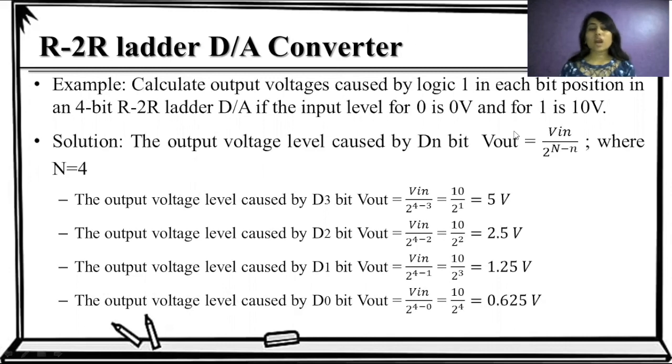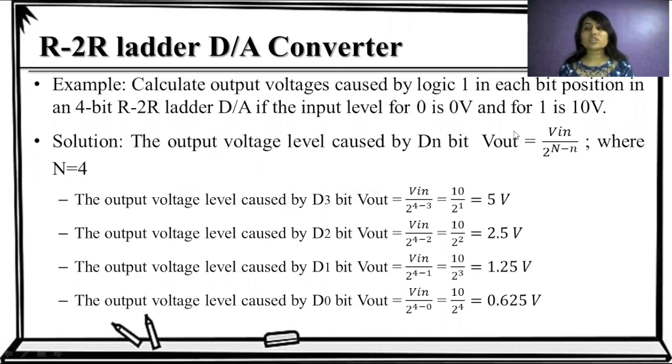Then the output voltage level caused by the D0 bit: Vout equals Vin divided by 2 raised to 4 minus 0. So 10 divided by 2 raised to 4, that means 10 divided by 16. So we have the answer 0.625 volt. So this is how we can calculate individually for each bit the corresponding analog voltage using this equation.